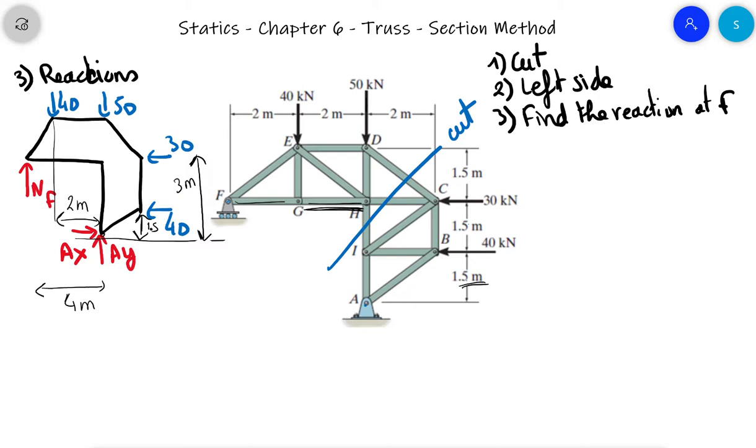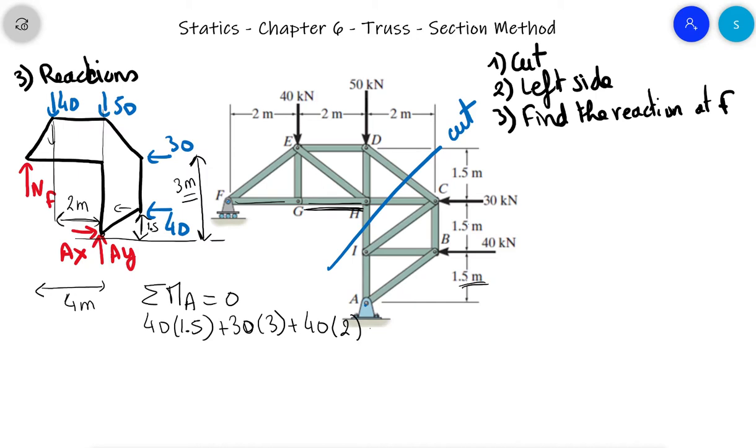Now, sum of the moments about A is equal to 0. Let's go in these directions. The 40 times 1.5, rotating in the positive direction, plus the 30 times this distance, 3. The 50 is going through the point A, so no moment. Plus the 40 times this horizontal distance, that is 2.